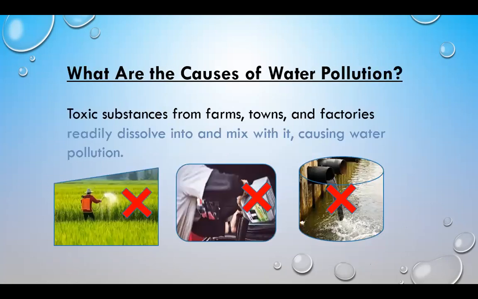Now, we can see toxic substances from farms, towns, and factories, mainly in farms normally used for agricultural purpose, pesticides, herbicides to help the plants, but at the same time, they are detrimental to our environment.